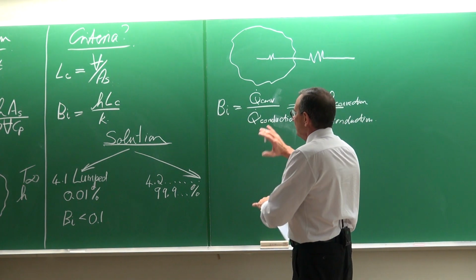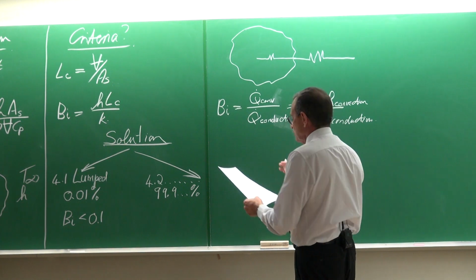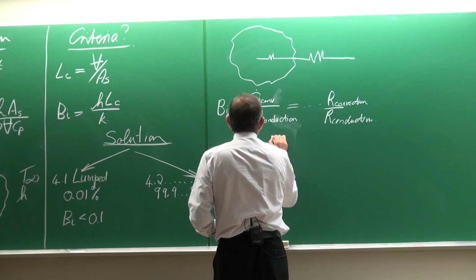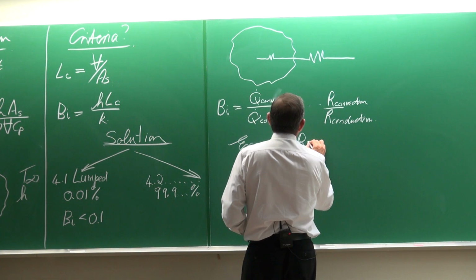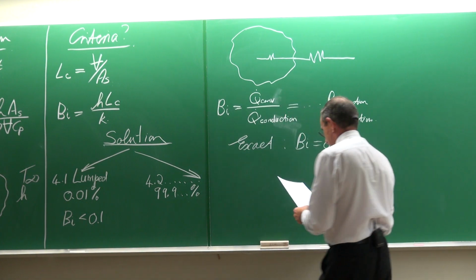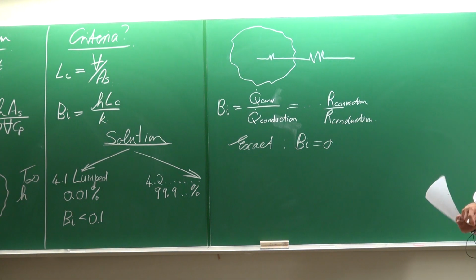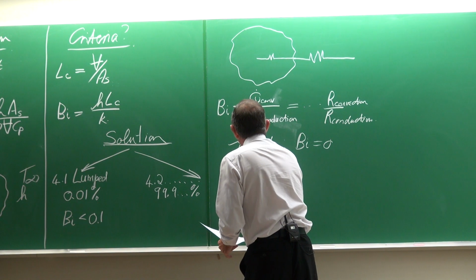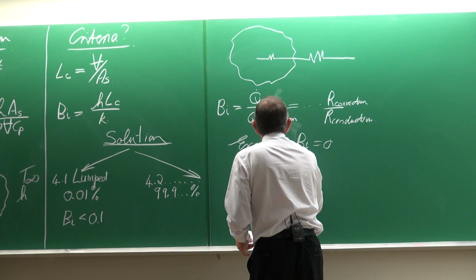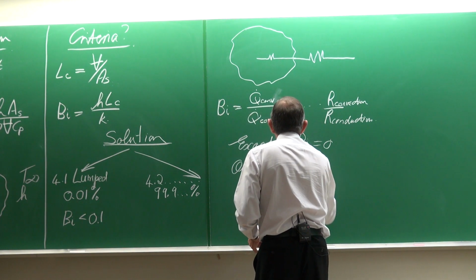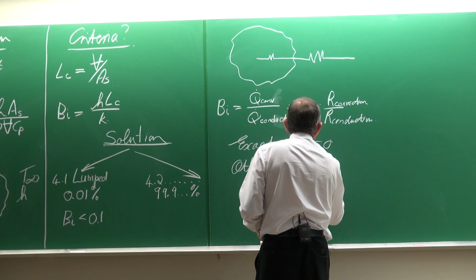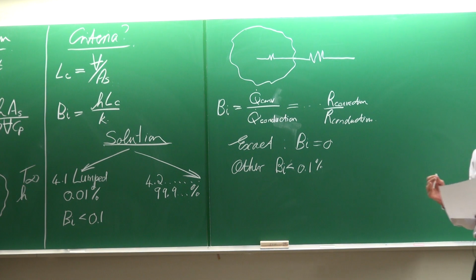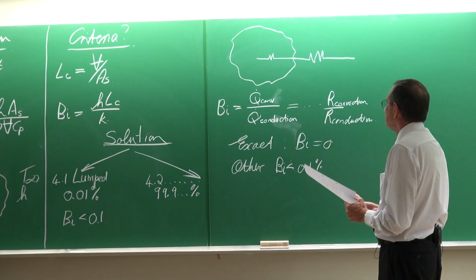So in general, if we try different solutions, we will get an exact solution if the Biot number is equal to 0. And for all the others, if the Biot number is typically smaller than 0.1, we can expect a solution accuracy of maybe 5–10% or something like that.